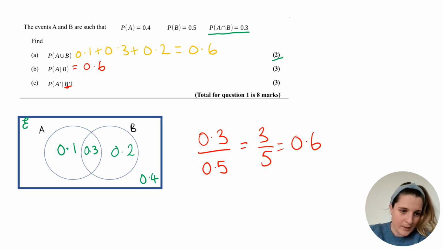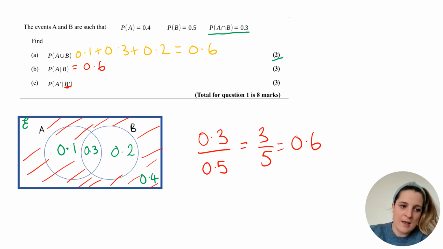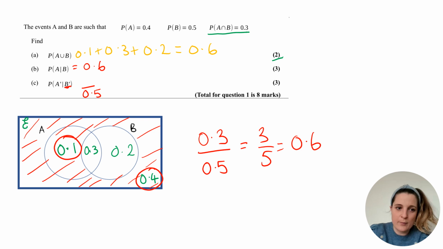Okay, so I am going to just shade the bits of the Venn diagram that are important to me, what I'm restricting it to. Remember, I want everything other than B because I want the probability of B not happening. So that is going to be 0.1 add 0.4. So my denominator is going to be 0.5. Okay.